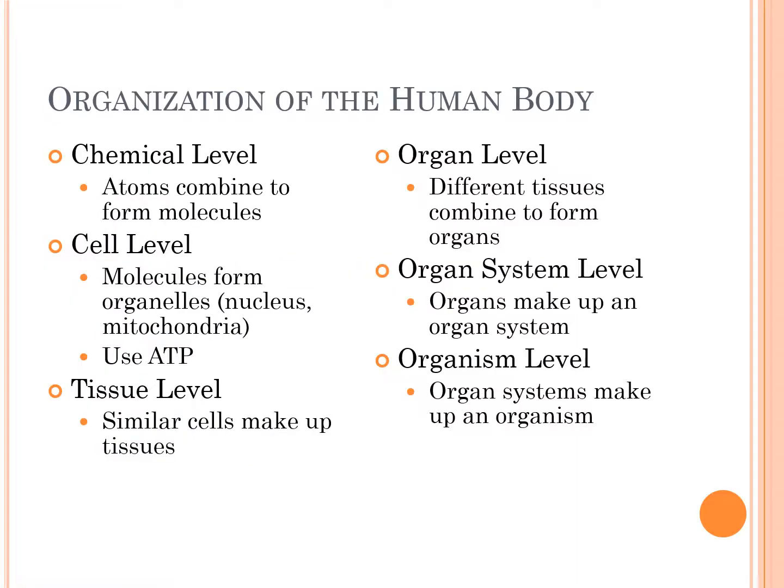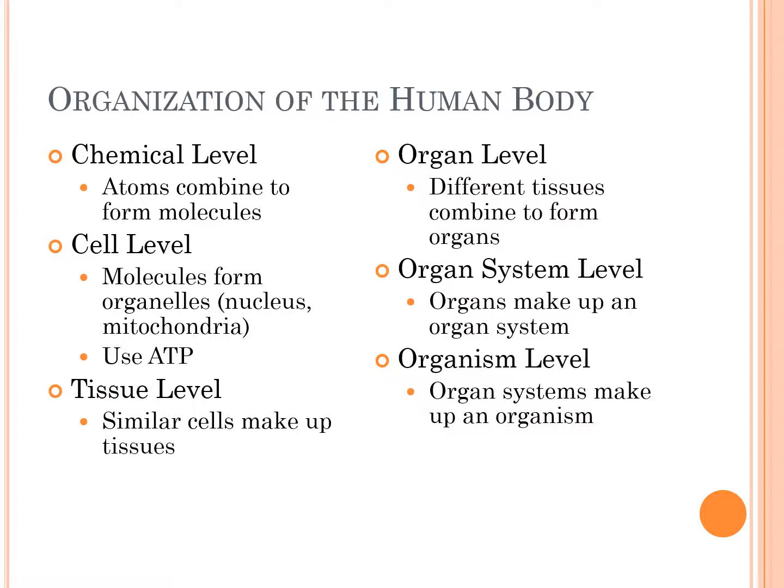A little bit of review from your first anatomy and physiology class, just to remind you that from a scientific perspective, the human body is organized from tiniest level to the level of the organism. We can study it at a chemical level. We can study it at the cellular level.